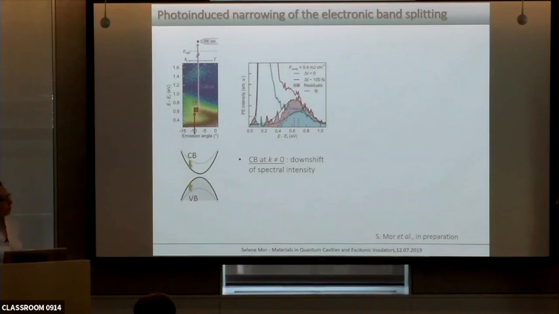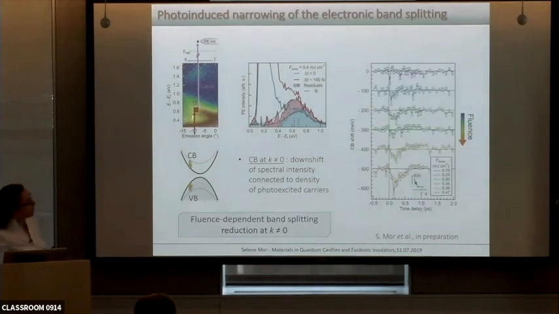I'm not sure, because first of all we always look at a finite energy-momentum window, so there are other transitions which we are not looking at. So we cannot say exactly how many electrons we are putting in, as we don't look at all the excited electrons.